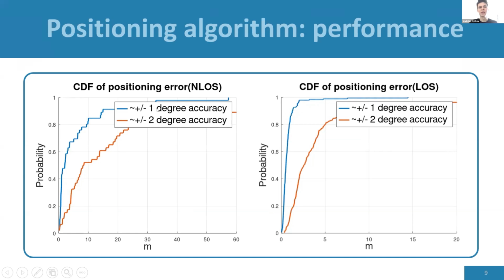For the NLOS case, it's much worse, and that's why we want to perform the next step. For the LOS case, this algorithm works very well, but we need to add some more features to our ray tracing model to cope with NLOS cases, as they produce a lot of errors.